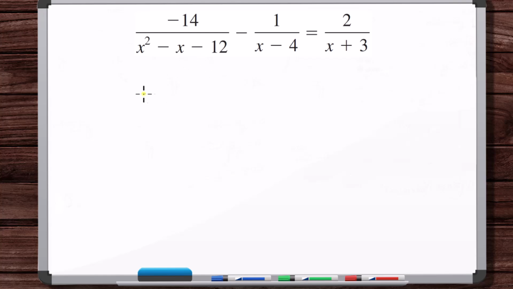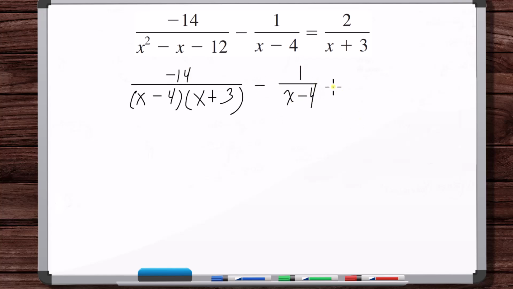So, okay, here we've got, let's see, x minus 4 plus 3. Okay, is equal to, okay.